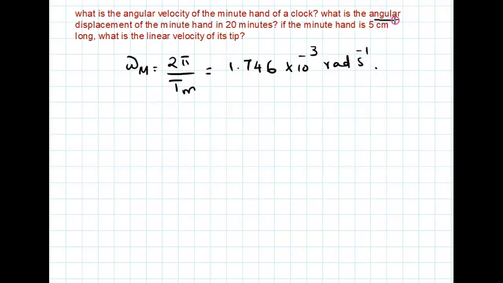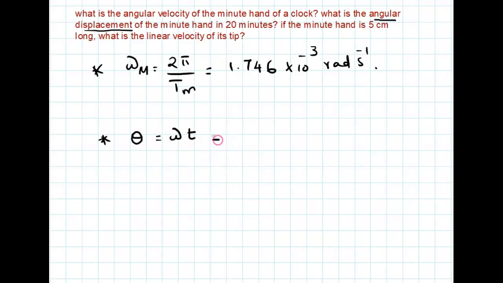What is the angular displacement of the minute hand in 20 minutes? The first question is over. Angular displacement theta is equal to omega multiplied by time.